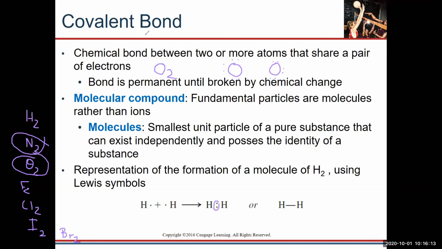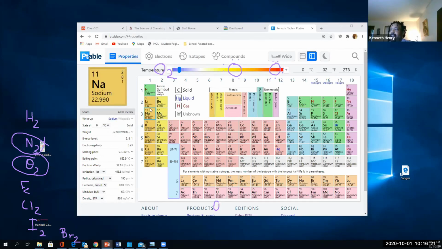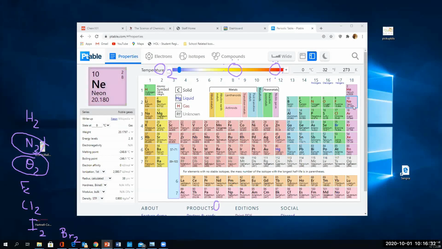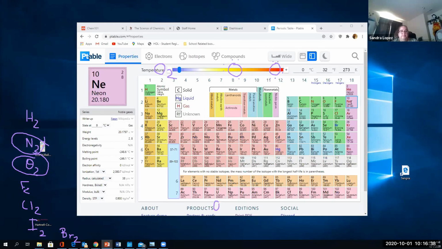Well, you can either count to the right, starting from group 1 to the element you want, or you can count backwards. If I started here, I can go 1, 2, 3, 4, 5, 6. Or I could say, I know that all noble gases have 8 around them except for helium.